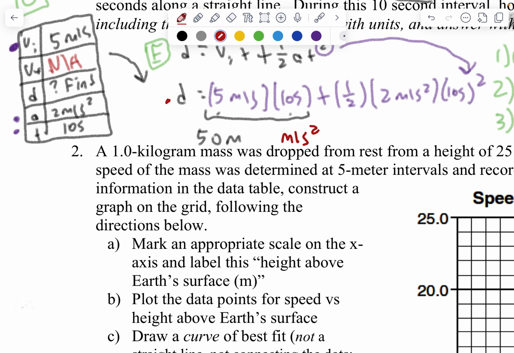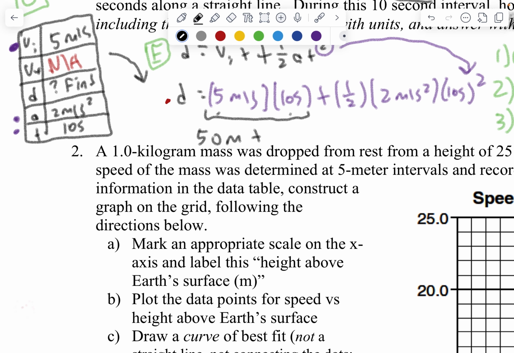If you got the answer meters per second squared here, that wouldn't make any sense because you're solving for displacement. Okay, and meters per second squared is not a unit of displacement. Okay, so you can just use logic to justify a reasoning sometimes. It's always good to do that. Great, so we have 50 meters.